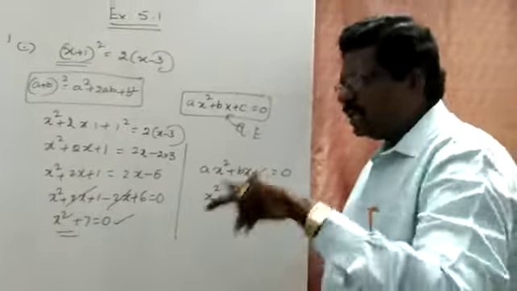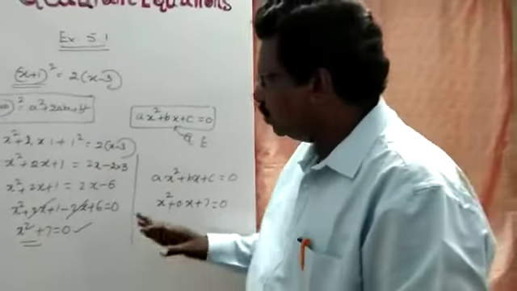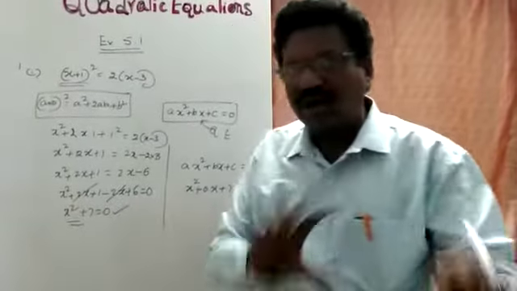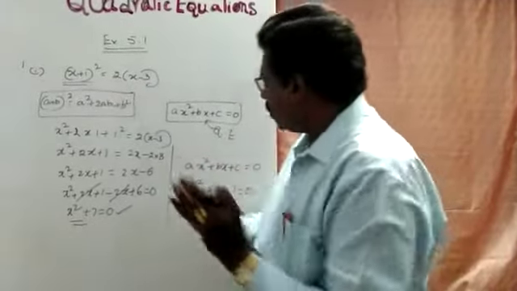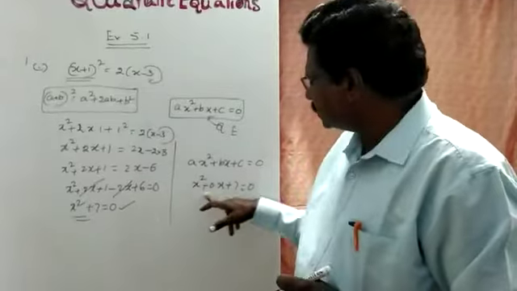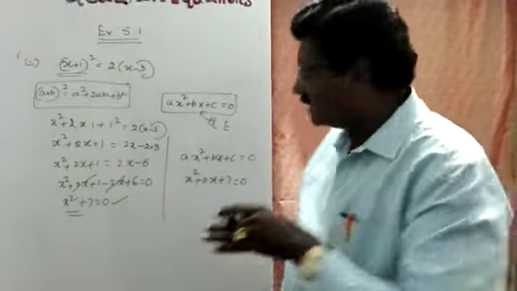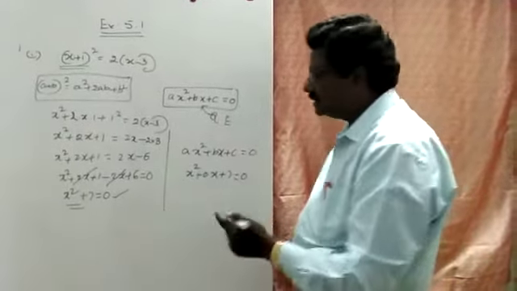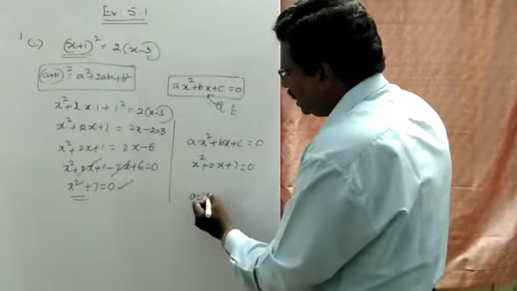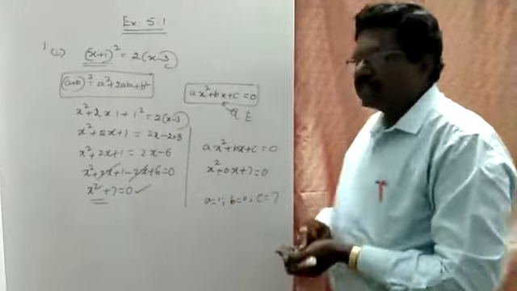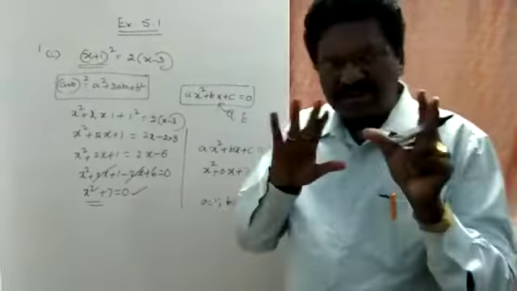So he asked us to check whether an equation comes in quadratic form or not. When you got the power 2, it is the quadratic equation. You have to convert into the form of the quadratic equation. x square plus 0 into x plus 7 is equal to 0. Suppose they ask what is the a, what is the b and what is the c. So a is equal to 1 and b is equal to 0, c is equal to 7. Okay student, this is the way you have to check it.